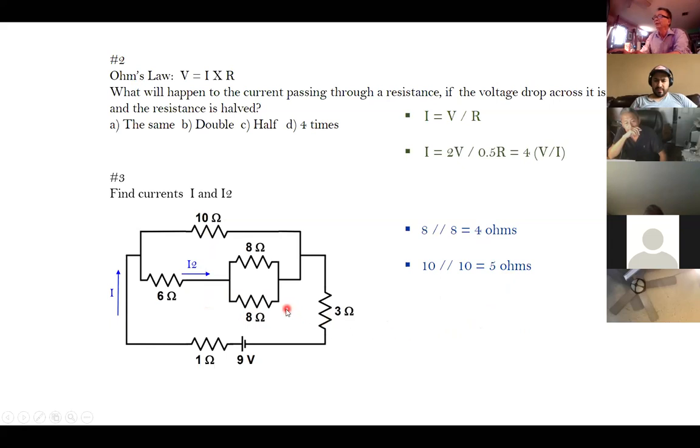Now the 5 ohm will be in series with 1 ohm and 3 ohm. You want the total current here: 1 plus 3 plus 5. Total resistance is 9.